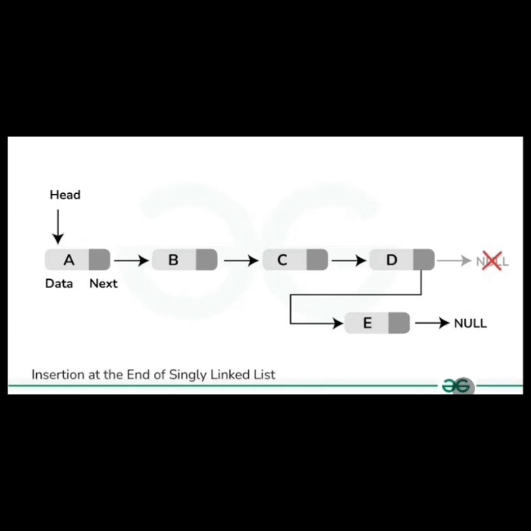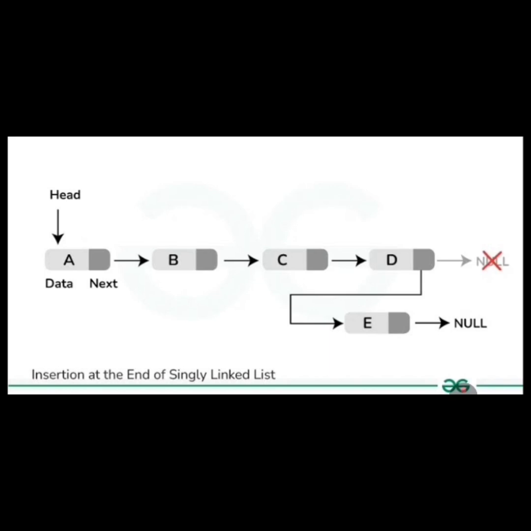And then this is insertion at end of a singly linked list. We also discussed this insertion at the end. First, we should traverse to the last node and set its next pointer to the new node, which then points towards the null pointer.